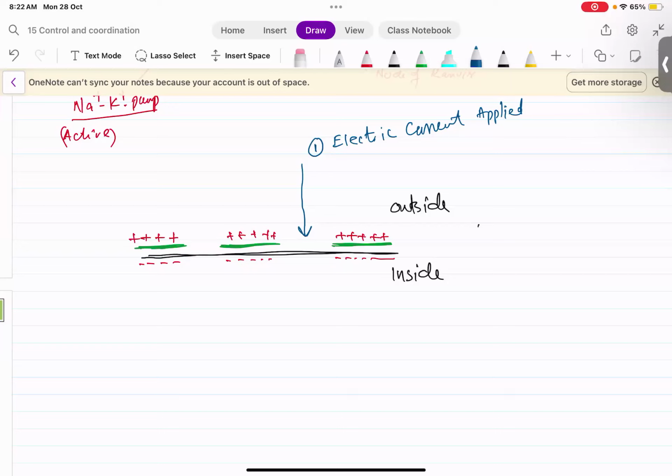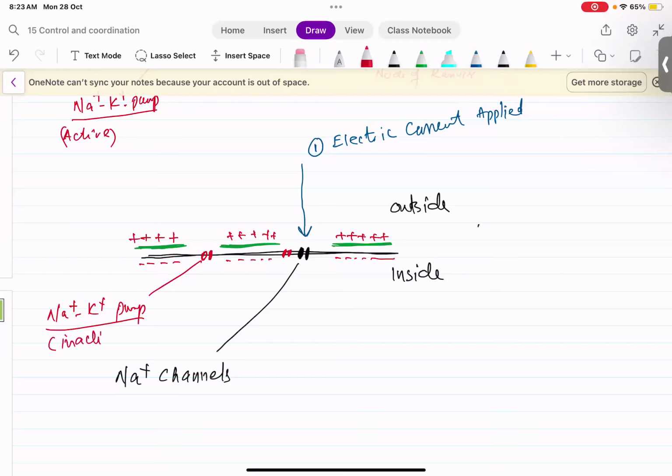We apply an electric current and it opens channel proteins known as sodium channels. These are transmembrane proteins other than the sodium potassium pumps. The sodium potassium pumps present here become inactive and the sodium channels open.